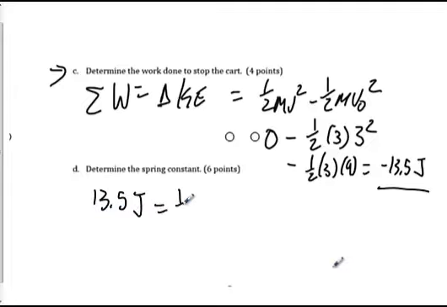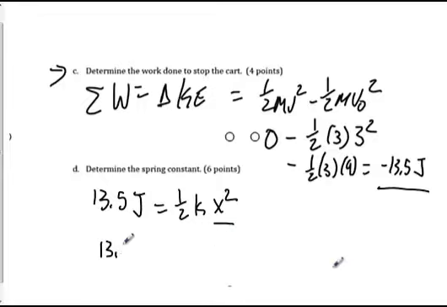That is equal to 1/2 kx squared, because the energy stored in a spring is 1/2 the spring constant times the distance the spring is stretched or compressed squared. So if we go back up and look, we're trying to find the spring constant. We know that it compressed a distance of 0.025 meters.